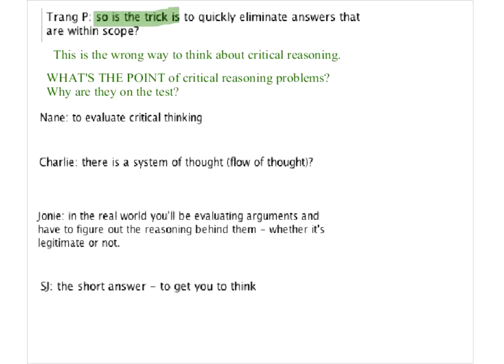I like the short answer. Let's see what Charlie and Duke are saying, and we'll have a discussion here. Because if you just say there is a flow of thought, that is, of course, true. But in and of itself, it's not a terribly meaningful thing to say, because there's always a flow of thought wherever there are thoughts.